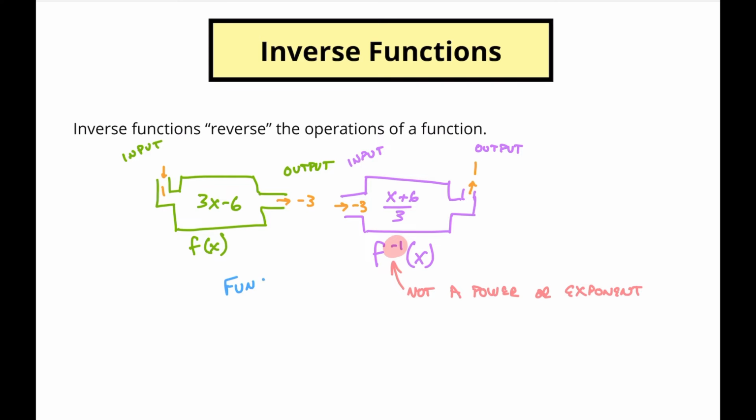Now notice with all of this, I keep on saying the word function, and up here I also say function. So in this case, and in all cases that we're looking at, the inverse must be a function as well. Well, how do we know if we've got an inverse function or not? First we have to look at the original function, and then we can start looking at how that might translate into the inverse function.